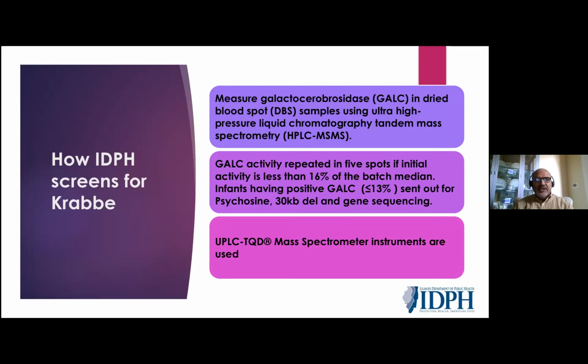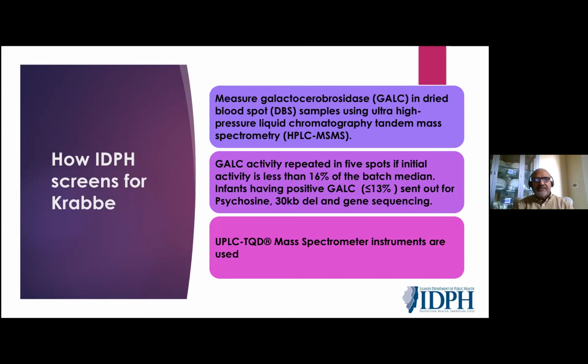If our initial GAL-C activity is less than 16% of the batch median, this batch median is basically an average coming from different plates on the same day, either on the same instrument or on different instruments.